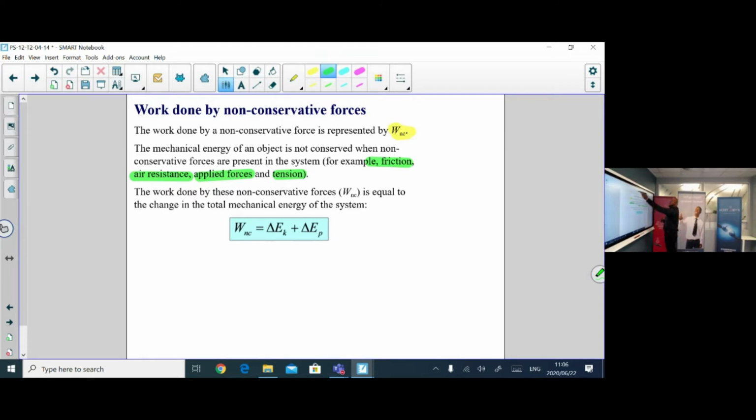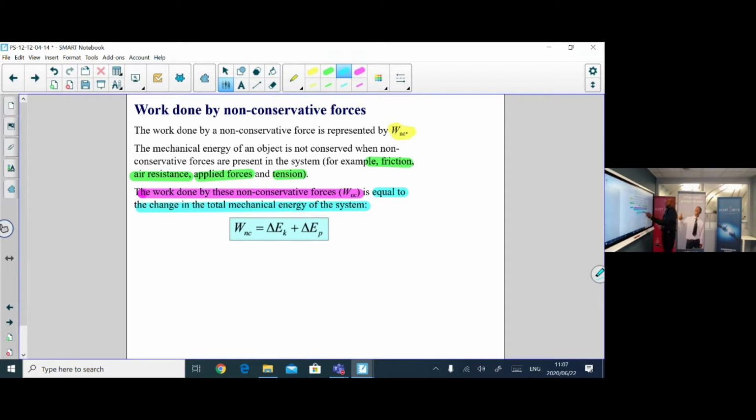In other words, if you look at this formula here, we have W, capital letter W, sub NC, which is equal to the change in EK. We all know that capital E sub K is kinetic energy, so the change in kinetic energy, plus the change in potential energy.